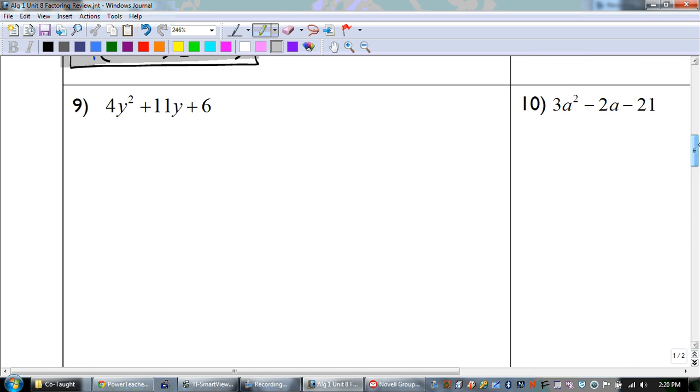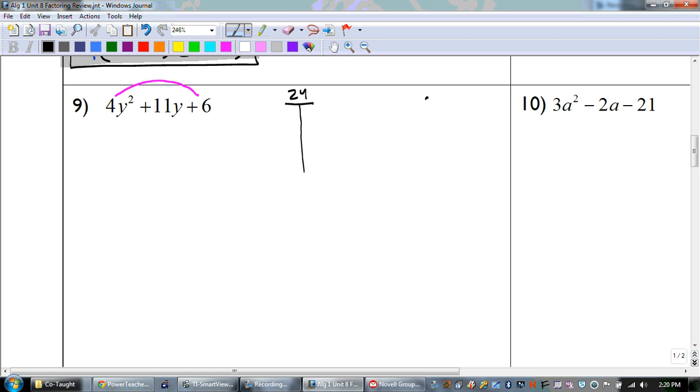All right, number 9. So the first thing we always want to check for is GCF. And there is no number that goes into everything. All right, so I have to do 4 times 6, which is 24.